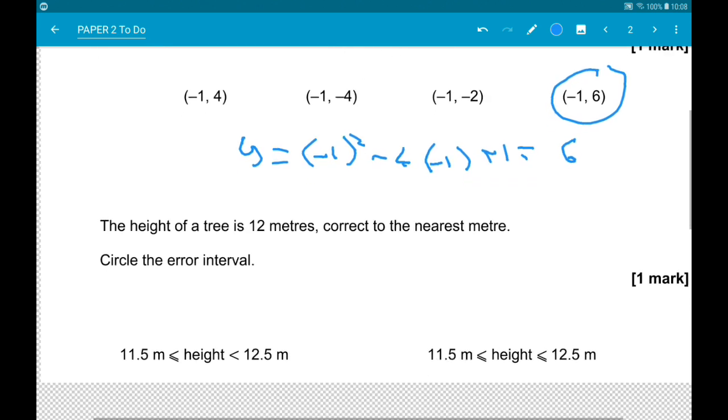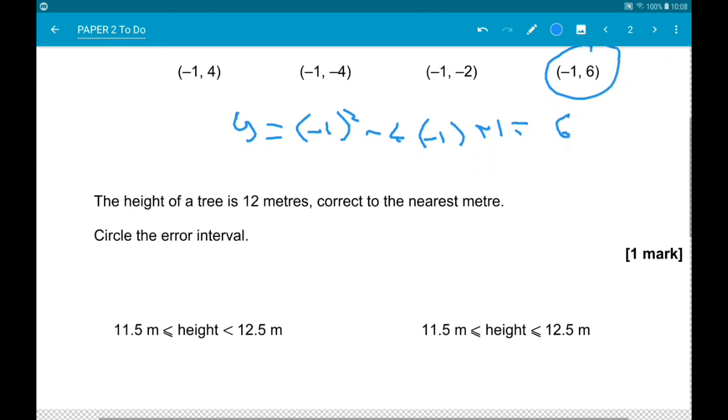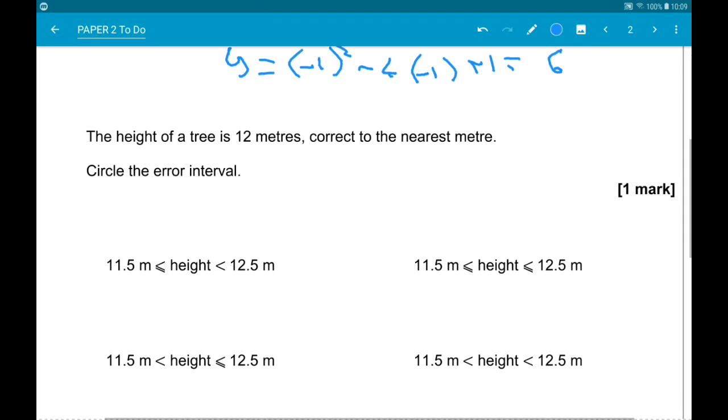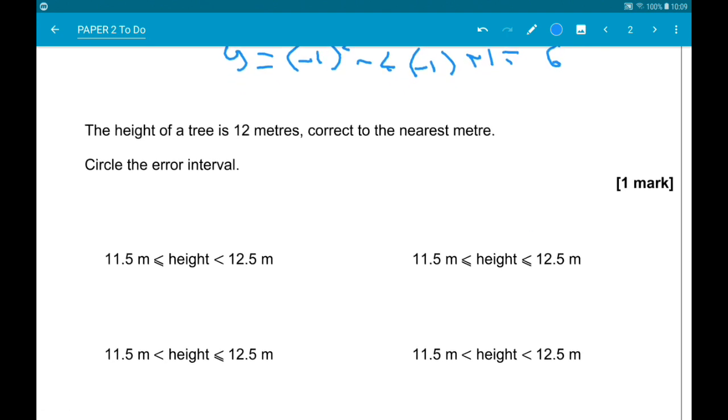Number 2, the height of a tree is 12 meters correct to the nearest meter. Circle in the error interval. Okay, so I do have error interval stuff linked down below.